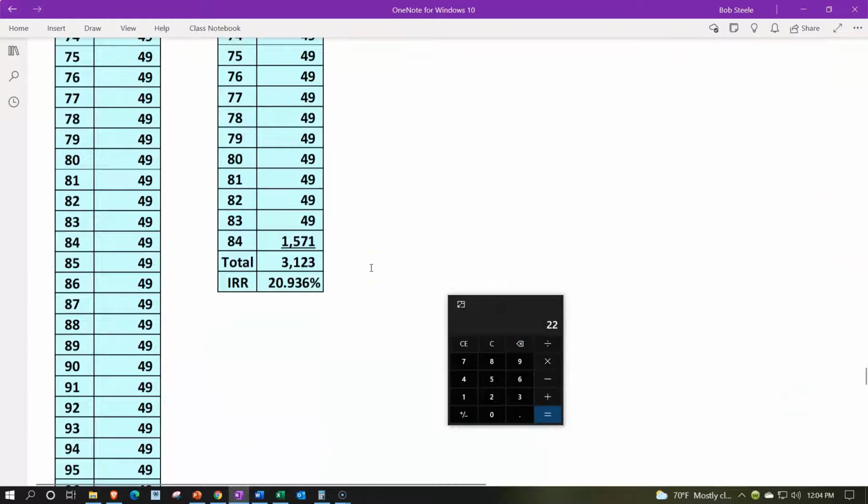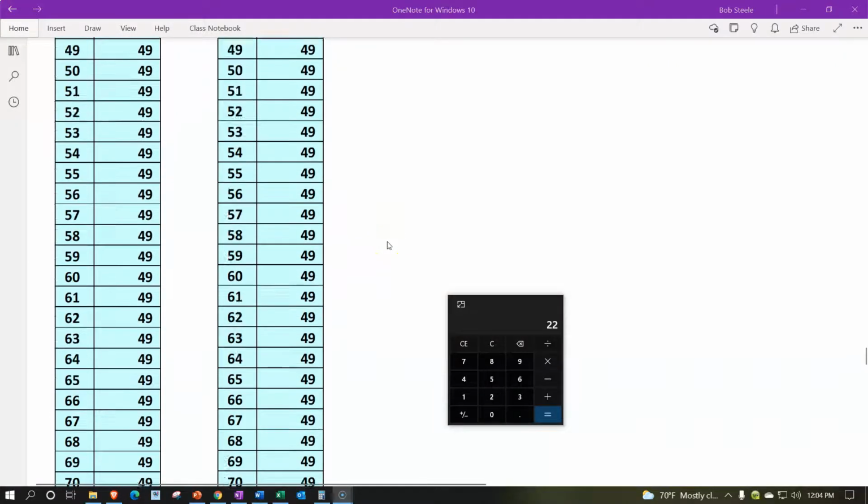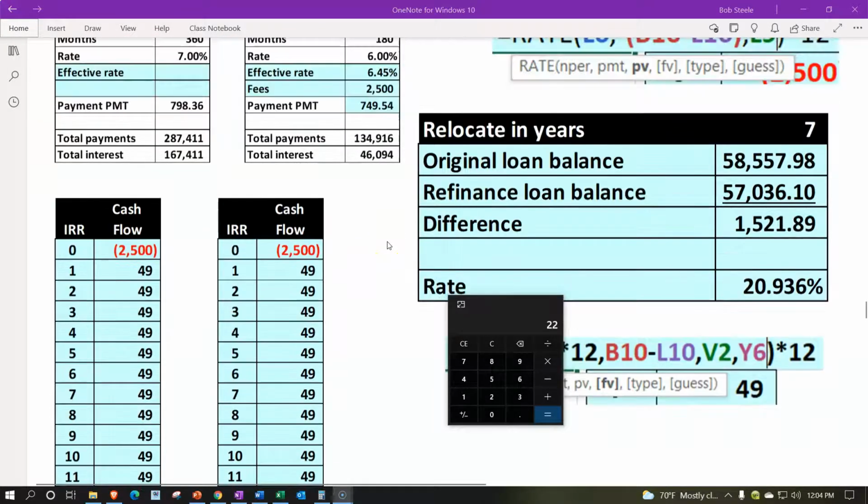But then at the end, on 84 here, we're going to have to pay off the 49 plus the ending balance, which we're going to say is the difference. We're looking at the differences between the two loans. So we got that 2,500.